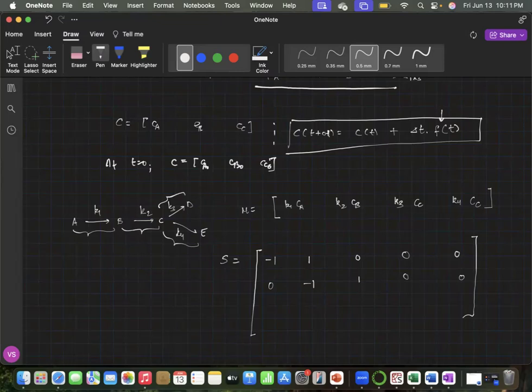The third reaction has C and D, so 0, 0, -1, 1, and 0. And the fourth reaction has C and E. So 0, 0, -1, 0, and 1, right? And we just need to multiply the rate and the stoichiometric matrix S, right?